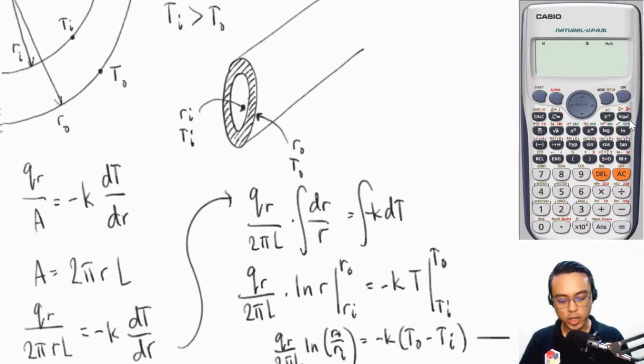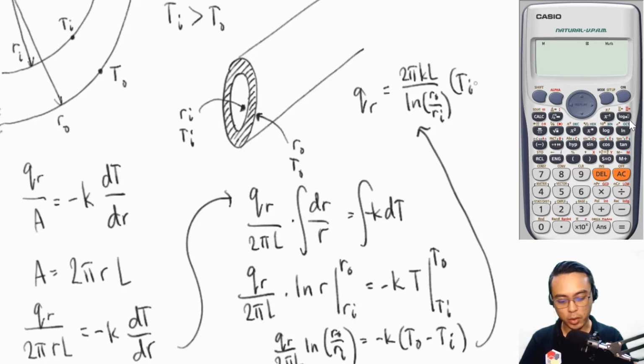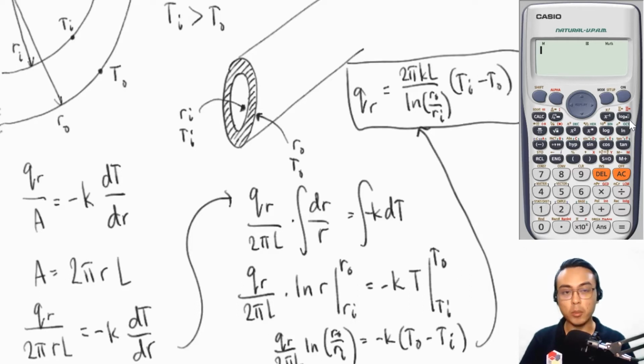Now, rearranging and simplifying this equation, we now have the expression for the rate of heat transfer Q sub r. That is equal to 2 pi k L over ln of r sub o over r sub i times the difference in temperature T sub i minus T sub o. So I have removed the negative sign on the right-hand side of the equation by switching T sub i and T sub o. So therefore, this is now our expression for the rate of heat transfer through the wall of a pipe.